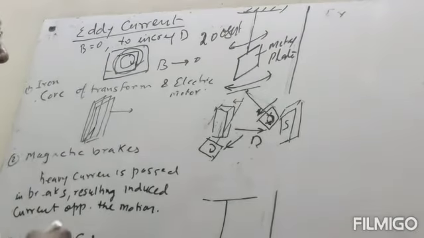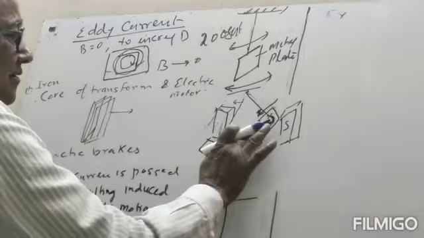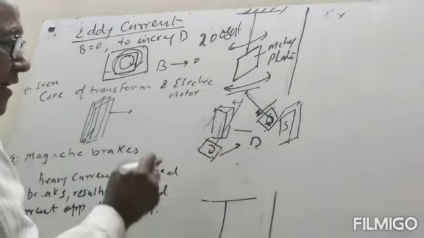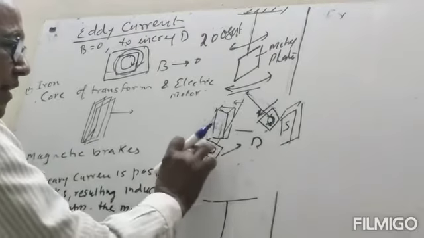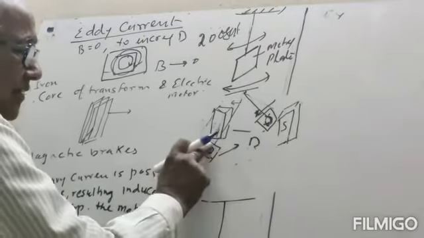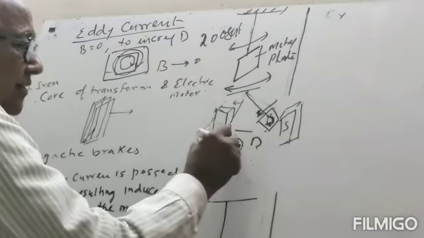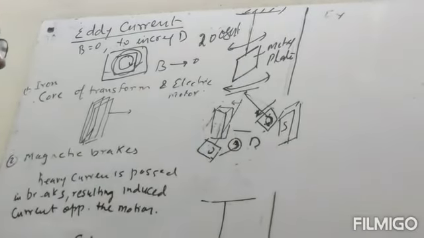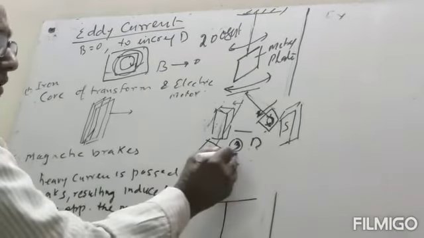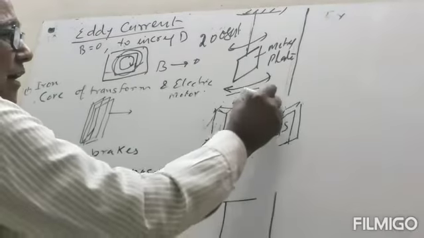Now, when it is returning in the back direction, it is going from 0 to maximum. In this case, the direction of the induced current will be opposite, from this to this. And here when it is going out, it will be the other way.